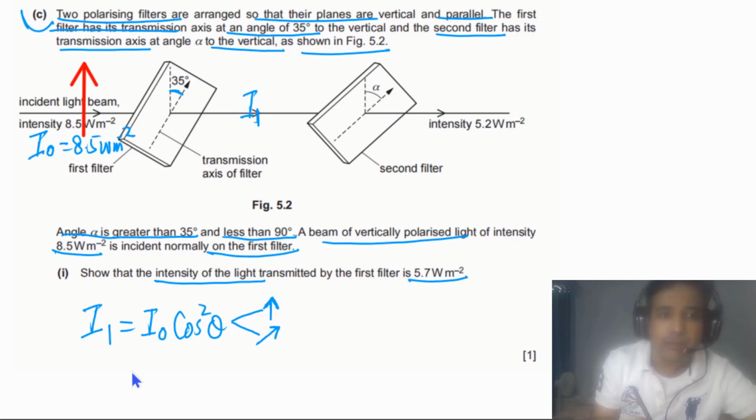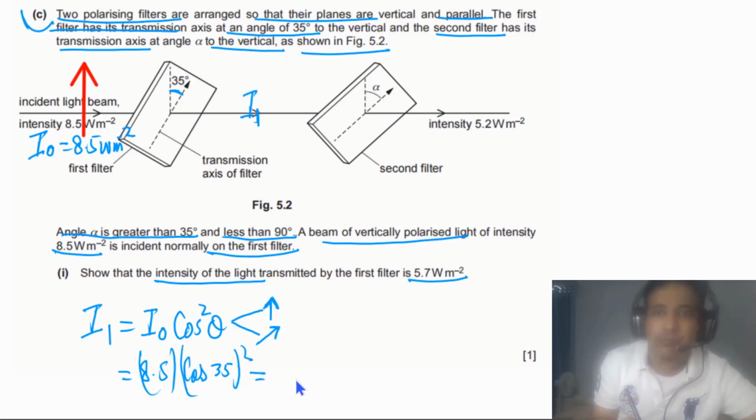So in this case we have I naught, that is 8.5, and we have cosine, and theta in this case is 35 degrees, and square of this. If we solve this, our answer should be equal to 5.7 watts per square meter.